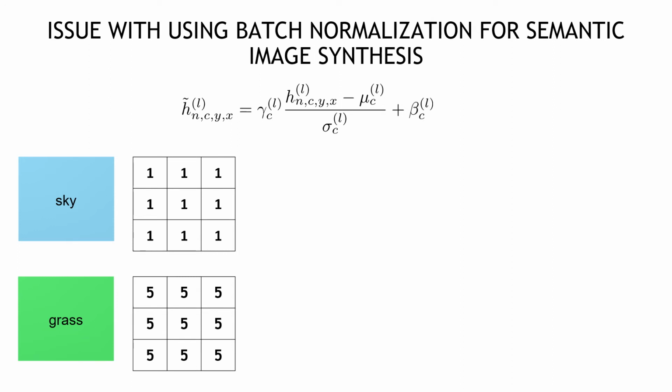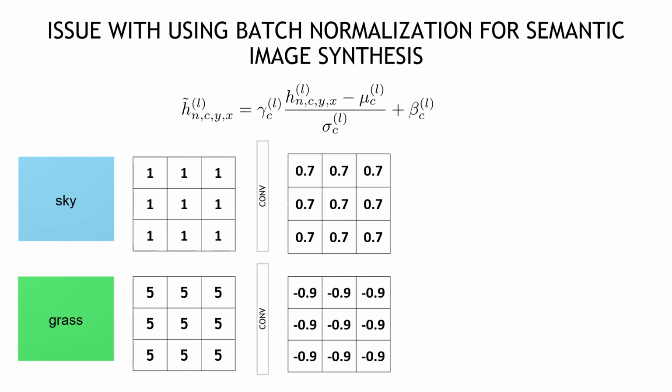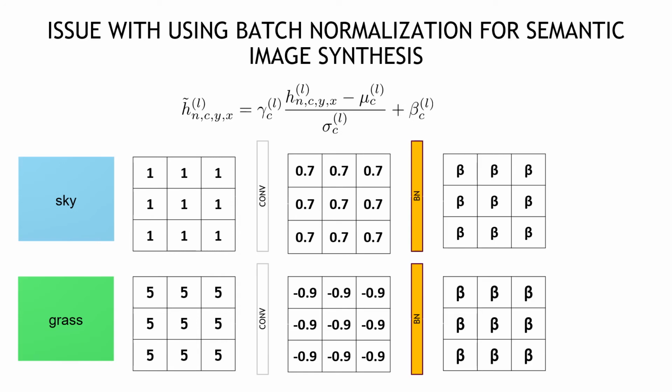However, it causes problems when applied to semantic image synthesis. We have two segmentation masks. One is purely sky, the other is purely grass, and they have different semantic labels, but uniform maps. Now, apply convolution, you get uniform map output again because the input is uniform.